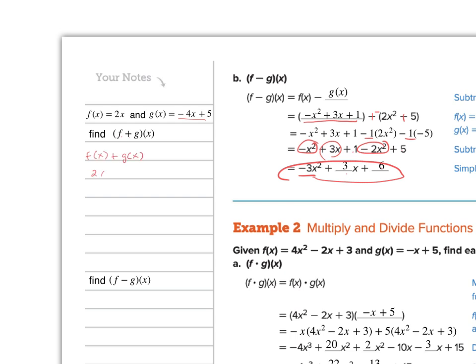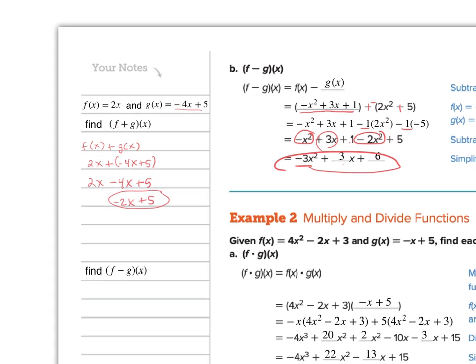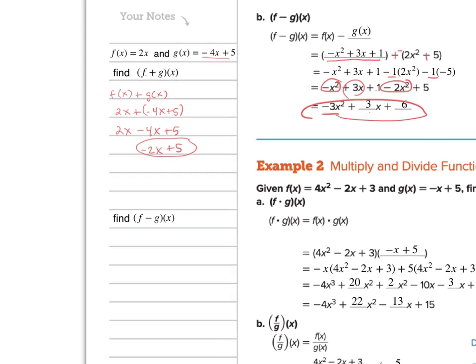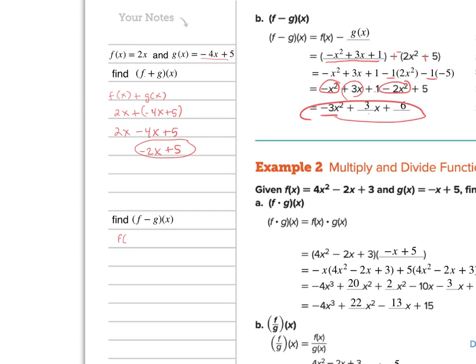So I have 2x plus, in this case, negative 4x plus 5, which is 2x minus 4x plus 5, or in this case, simplifies to negative 2x plus 5. Okay, that's a lot of steps to show you what's going on there for a pretty simple problem, but just making sure we understand the process. And then subtracting, again, this would be my f of x minus g of x.